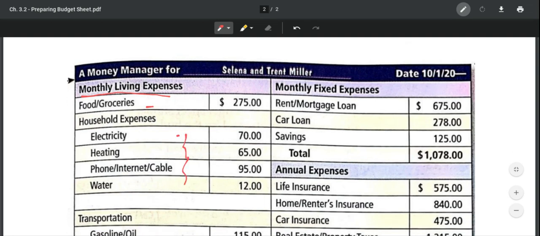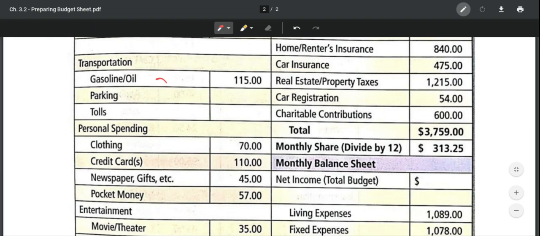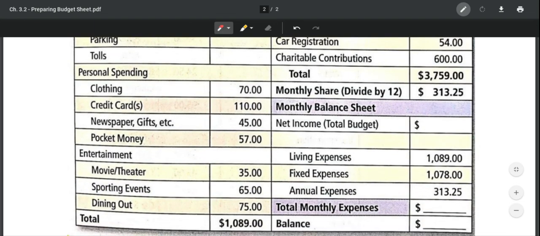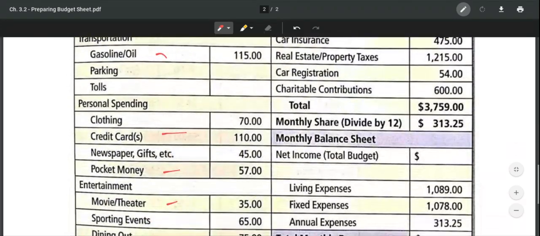These are all the bills that this person has. You'd want to know what your gas looks like. How far do you go to work? How much will you spend a month on gas money? If you have a credit card, your credit card payment. If you just want some extra money, theater, stuff like that. This is all stuff you could calculate for your living expenses.